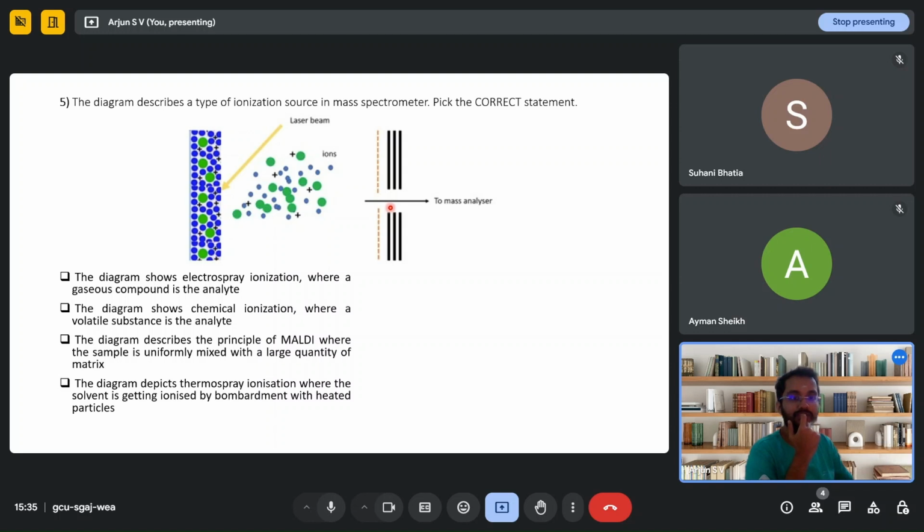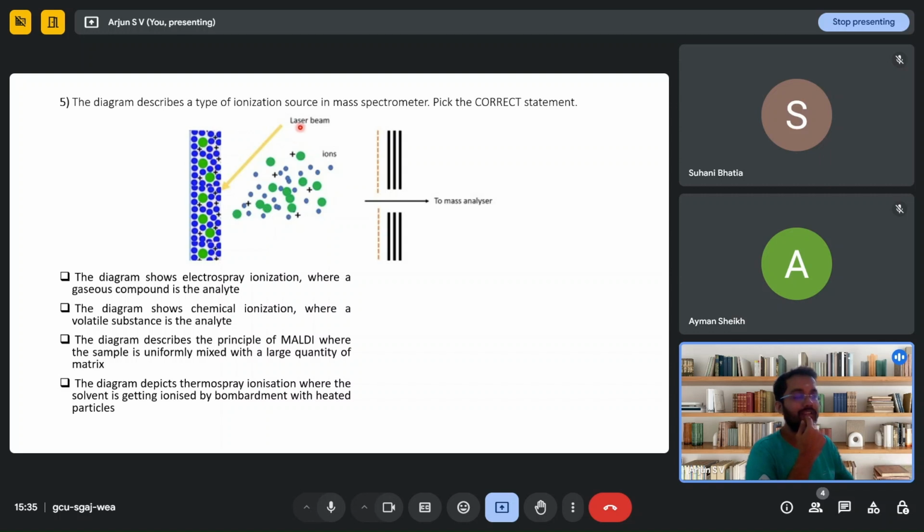We already know from the courses as well as the recap that this is MALDI. This is matrix assisted laser desorption ionization, where the blue color represents your matrix and the green color represents your sample, and they are mixed together.